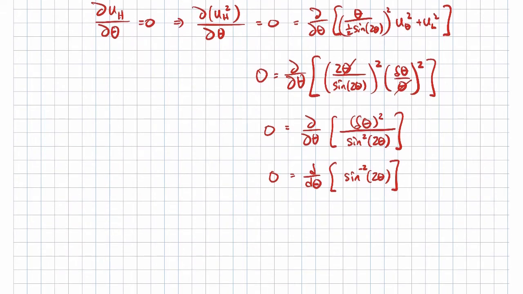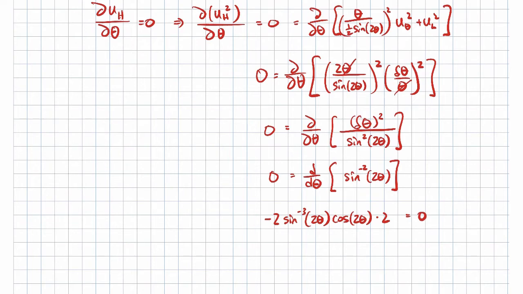Now I want to set that equal to 0, so when I take that derivative, I need to use the chain rule. That comes out to be minus 2 sine of 2 theta to the minus 3, times a cosine of 2 theta times a 2. I think I did my calculus correct there. This is the chain rule for taking that derivative. So that's what that expression is.